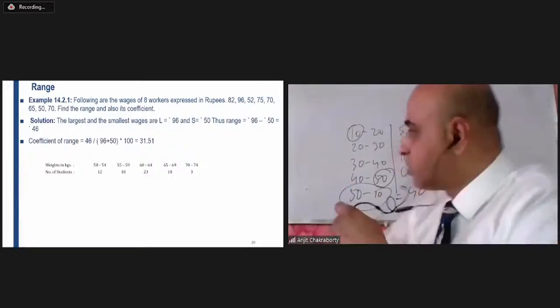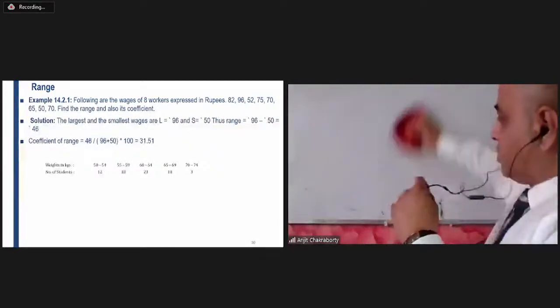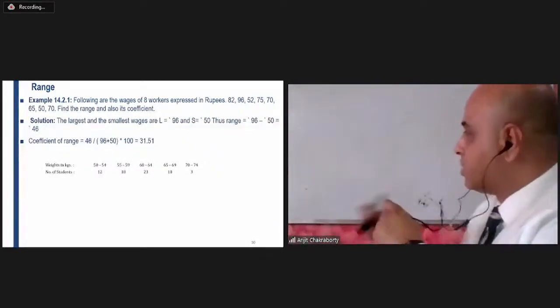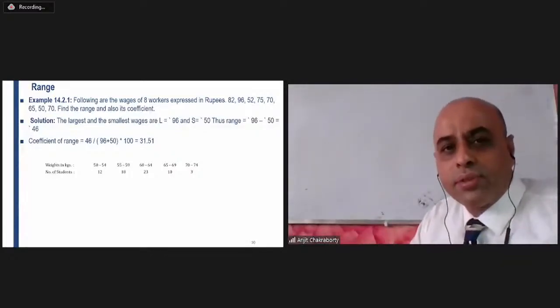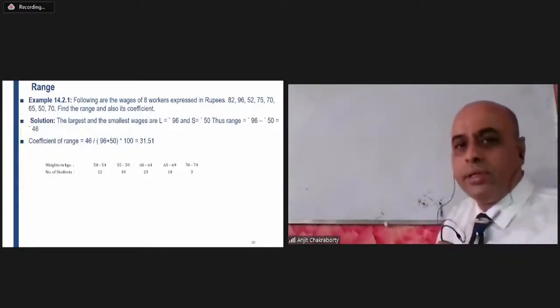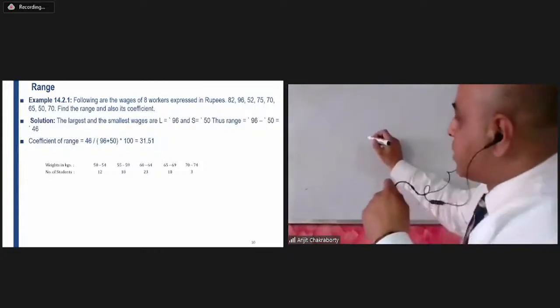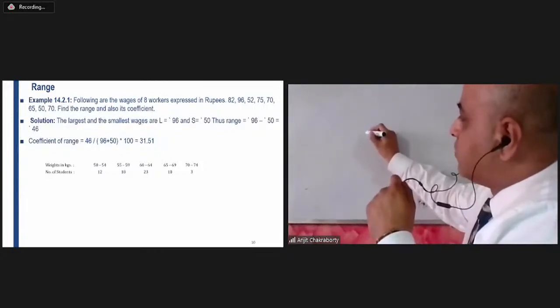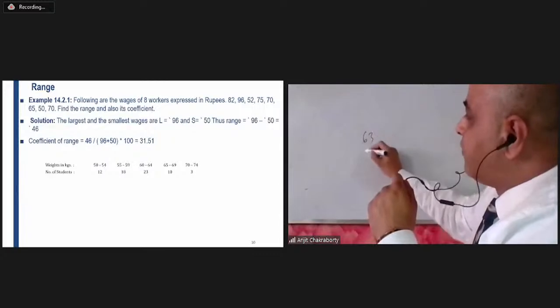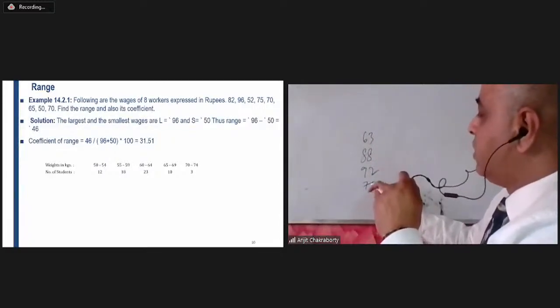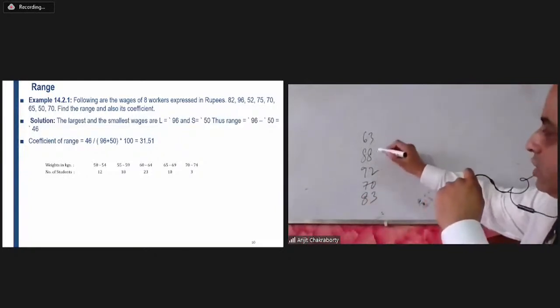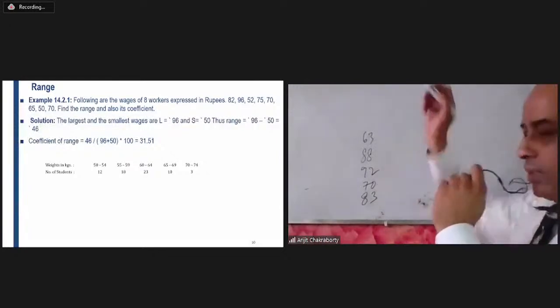The coefficient of range, let me just share this example. I'm taking another simple one, marks of 5 students in mathematics in CA Foundation. So let me take some marks here: 63, 88, 92, 70, and 83.